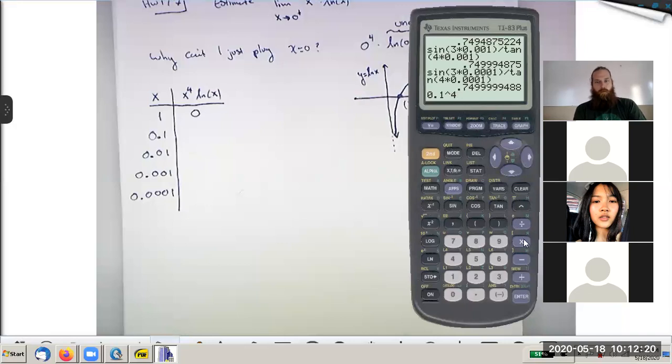And then I need to multiply this. Here, let me use some better notation, right? So we should really have this as (0.1) raised to the 4 times, and now the ln of 0.1.